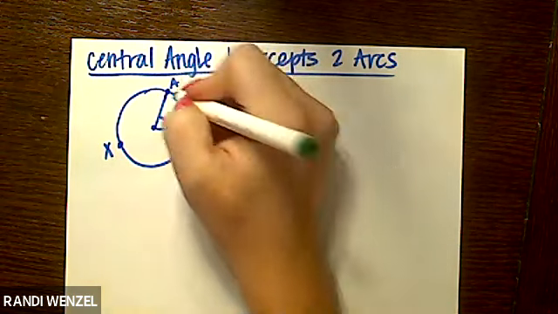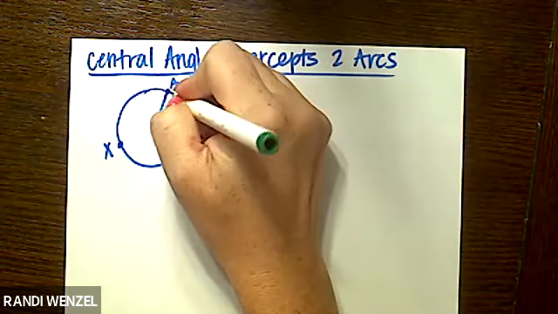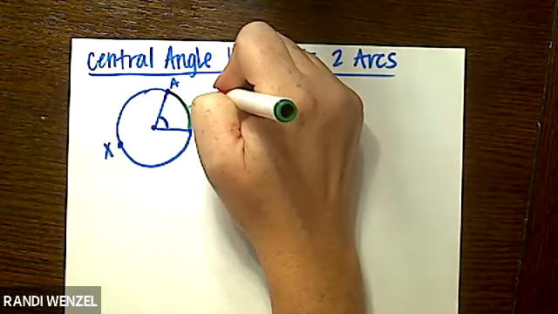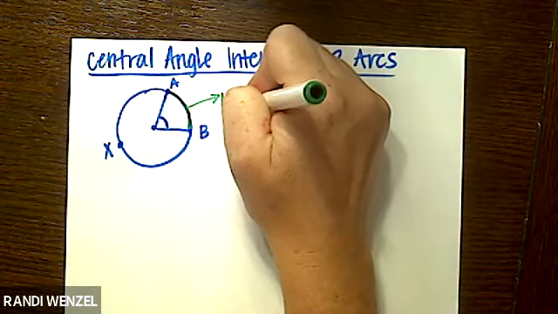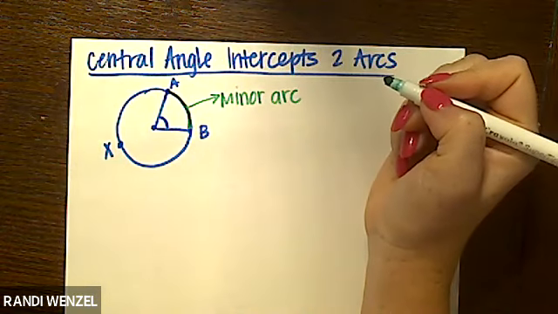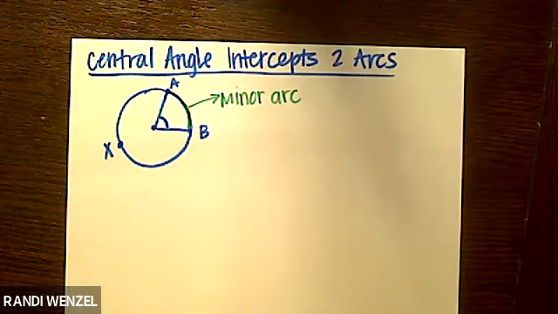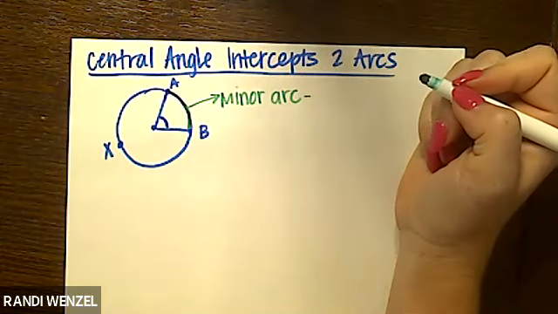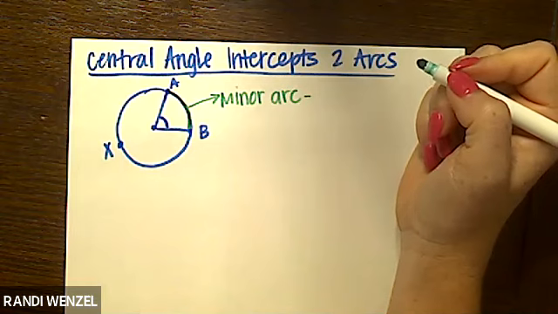This arc right here from A to B is called a minor arc. A minor arc lies between the sides of an angle less than 180 degrees. You can think of a minor arc as smaller.